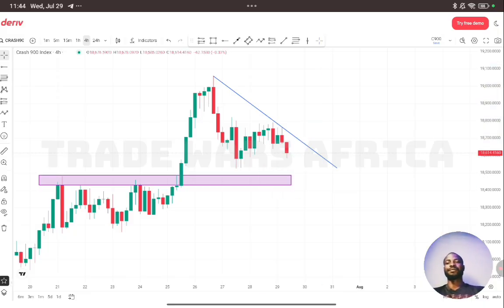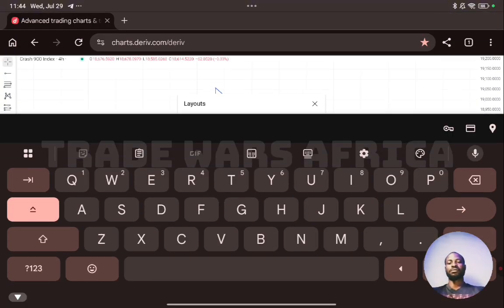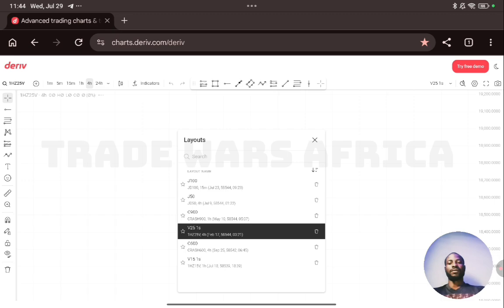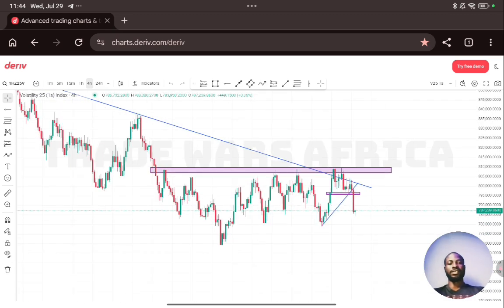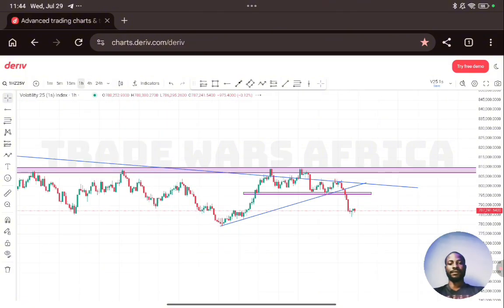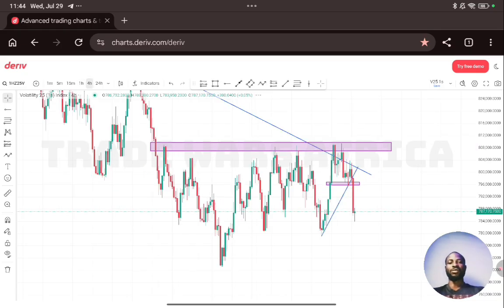I don't waste time on analysis. Most of this has to do with you being patient. I think we have V25 1S, also the same thing, right? Expecting the market to retest this zone, then we fire down. But for now we are still waiting.